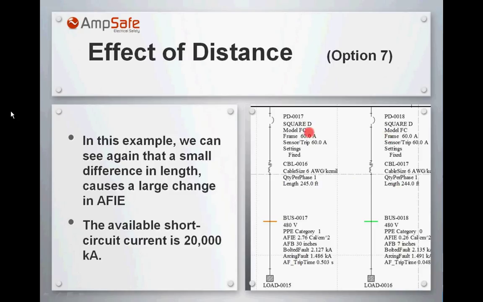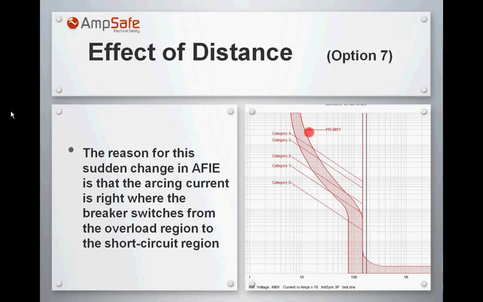And why is that? Why does just a small increase in distance give you a substantial increase in arc flash incident energy? Because this is the situation. When you have the 480 foot cable, the arcing current is right here, very close to the overload area but still in the instantaneous area of the breaker.